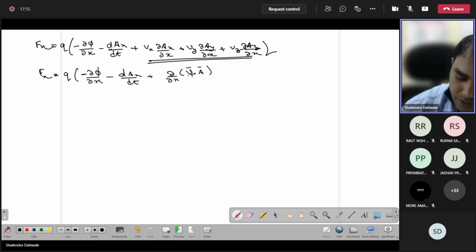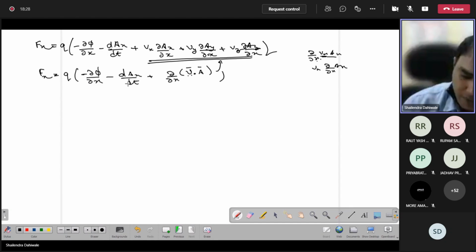If you expand this, if I take del x of Vx Ax, del x of Vx is anyway going to be 0, so only del x of Ax you will have. If you apply the product rule, you will have Vx into del Ax by del x, and del x of Vx is again going to be 0, so this will give you back this.